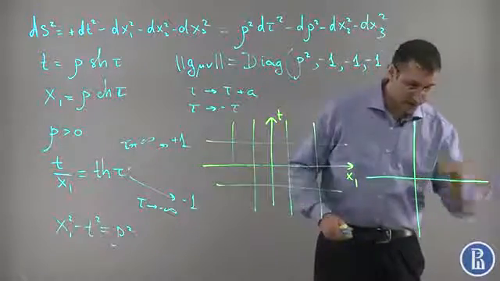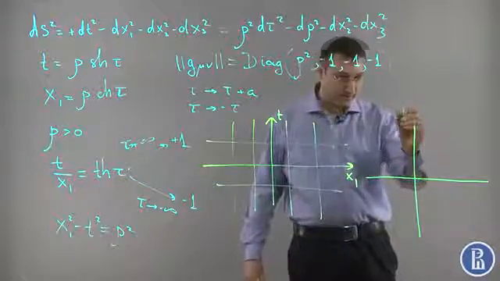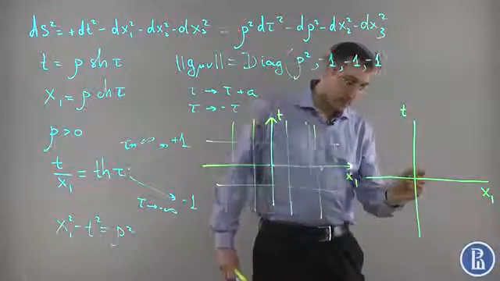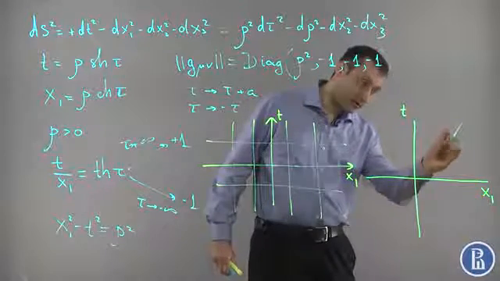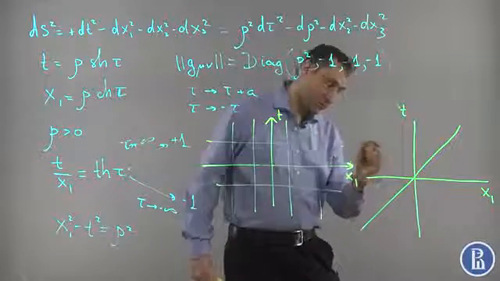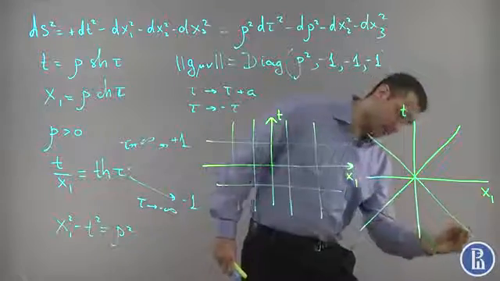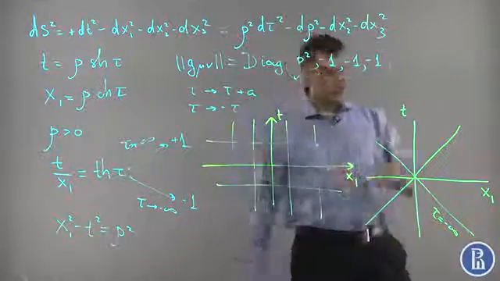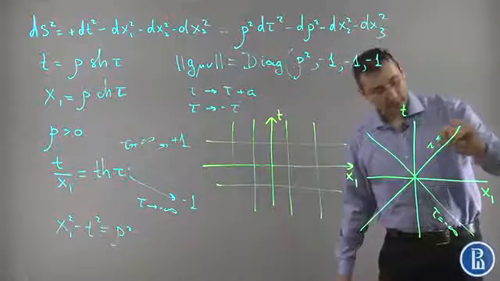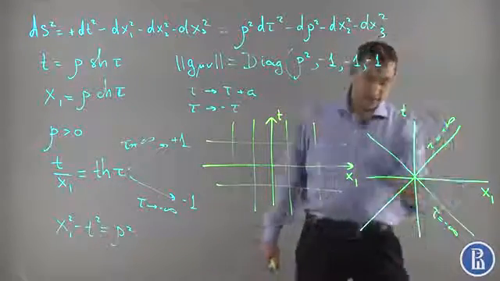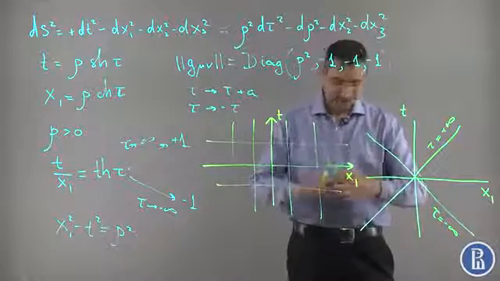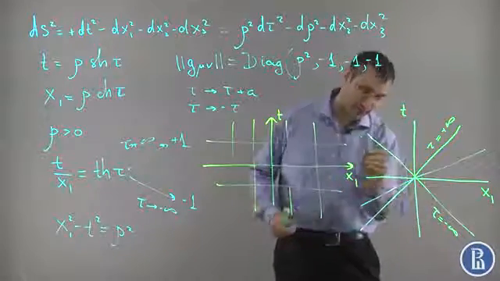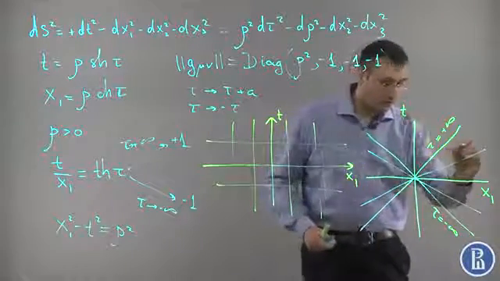So we have this line in terms of original coordinates. Let me draw how it looks like. This line corresponds to tau minus infinity. This line corresponds to tau plus infinity. These are lines of constant tau. Let me draw them by a different color. So these are tau constant.